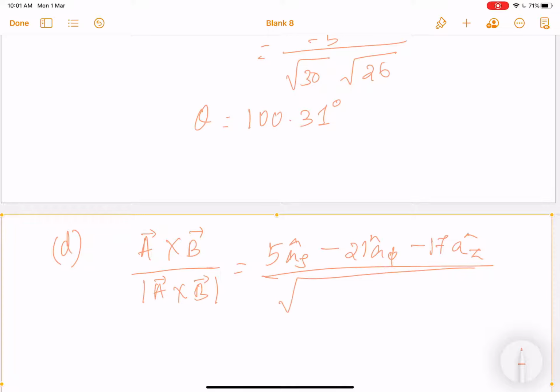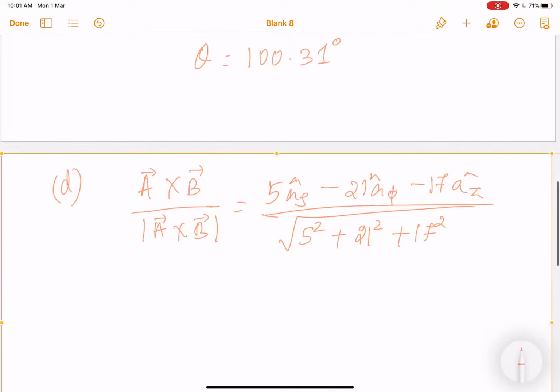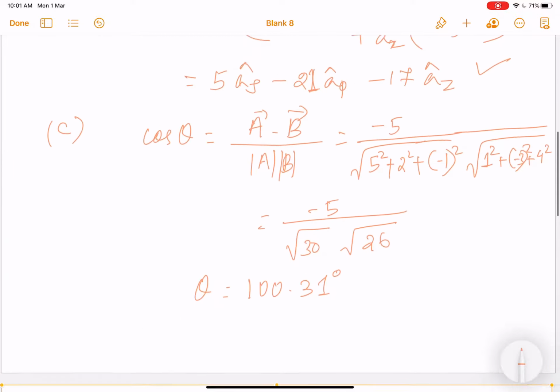Next, divided by the root of 5 squared plus 21 squared plus 17 squared. Then you'll solve it and divide; take out your calculators and do it with me. So what are you getting? 5 divided by this thing. If you use your calculators, you'll get something like 0.182 a_rho, then this one is minus 0.7643 a_phi, then this one will be minus 0.6187 a_z.